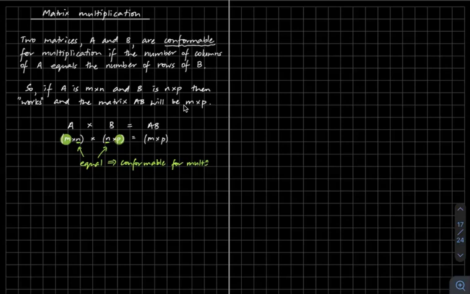Alright, now what about the actual process of performing this? Well, in some ways we can think of this as a series of dot products. So matrix multiplication can be thought of, or I suppose performed, as a series of dot products.